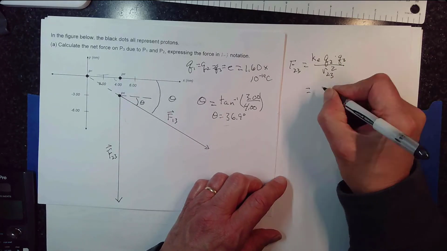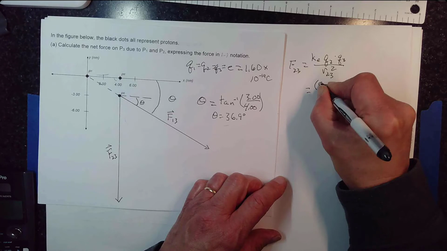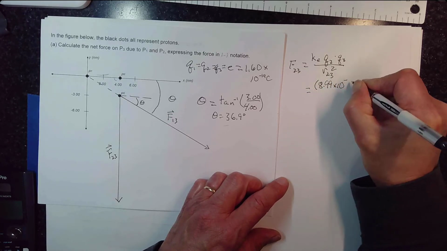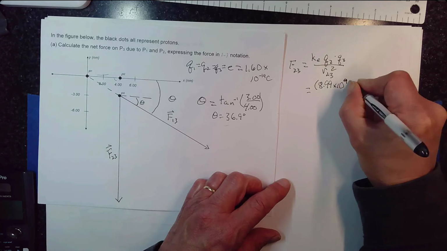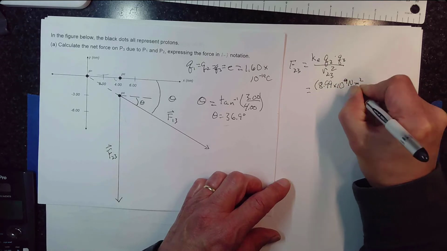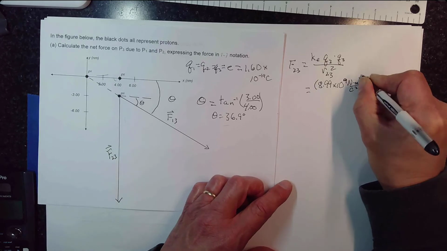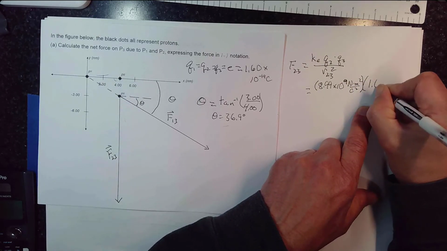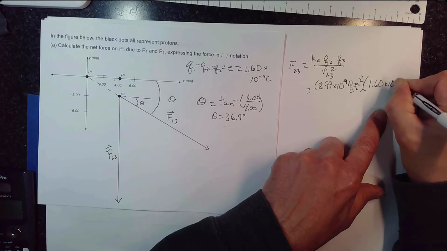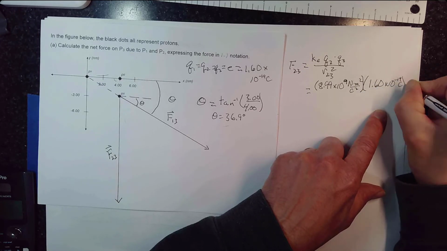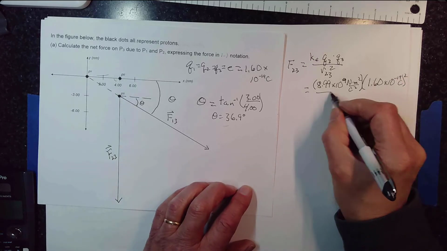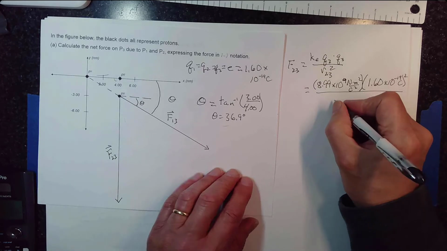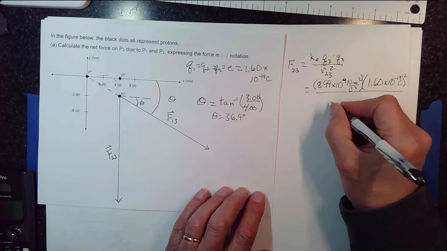So anyway, we'll have 8.99 times 10 to the plus 9th newton meter squared per coulomb squared. I was thinking of Q instead. Both charges are the same, so 1.60 times 10 to the minus 19th coulombs squared. And then the distance between those two is 3 nanometers.